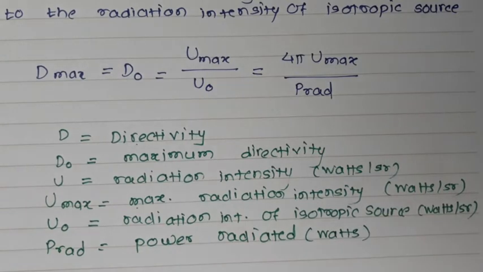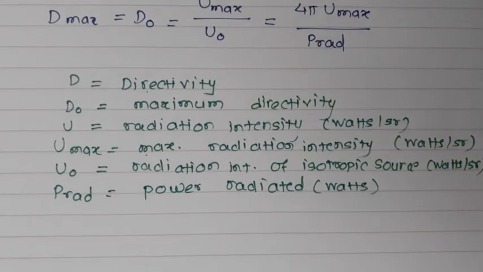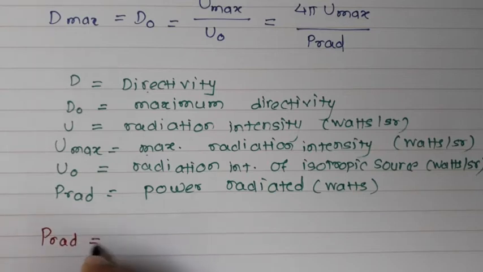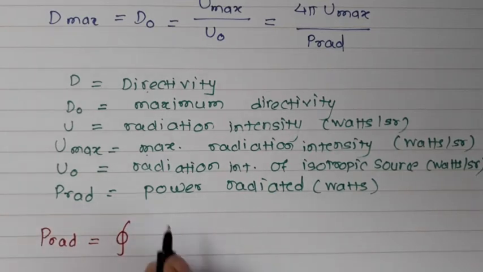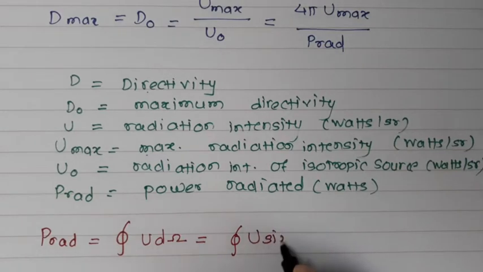Remember that the P radiated in the above expression is obtained using the radiation intensity itself. P radiated can be calculated by integration over the surface area of U d omega, where the solid angle d omega is sine theta d theta d phi.